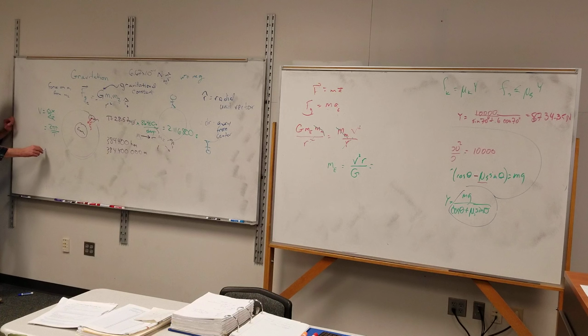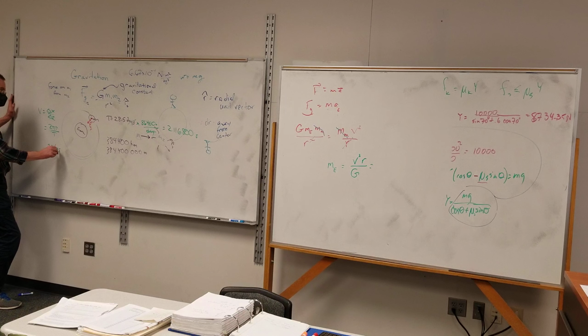So the speed of the Moon with respect to the Earth is 2 pi times my radius, which is 384,400,000 meters, divided by 2,116,800 seconds.